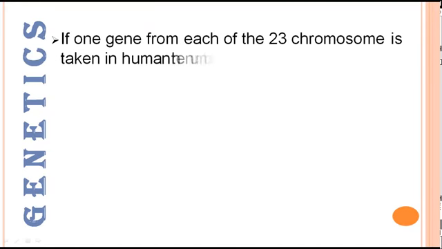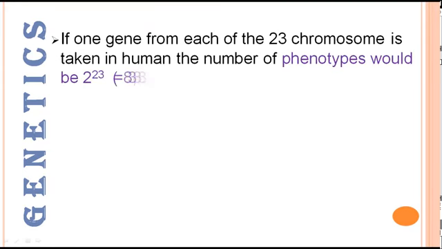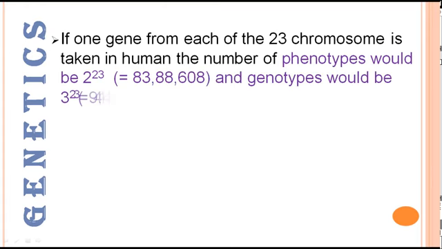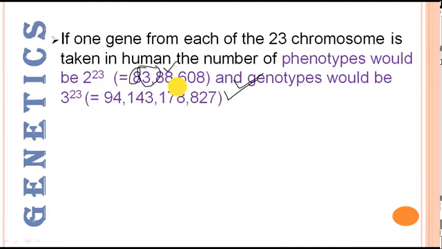Now just think, if one gene from each chromosome is taken in human, there are 23 chromosomes, one gene is selected from each chromosome, the phenotype will be 2 to the power 23, that is, see it, 8 crore 38 lakh 8,608, and the genotype is 94 billion 143 million 17 lakh 8,827.